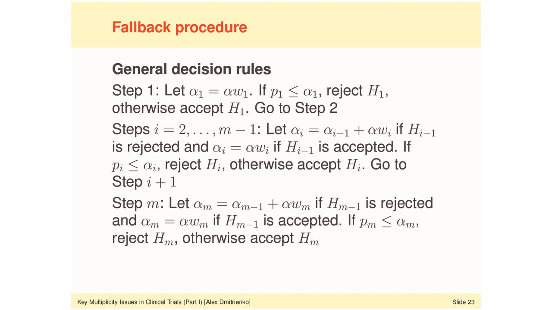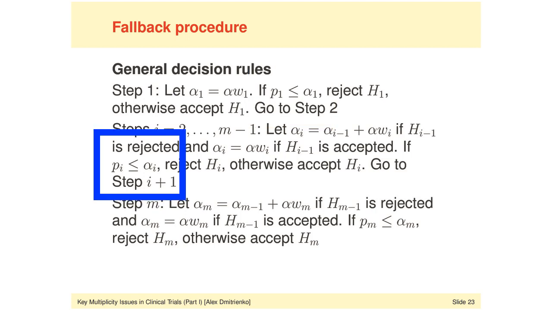And here I would like to make 3 important points. The first one is that testing begins with the first hypothesis in the predefined sequence, which is denoted by H1, and the significance level used in this test is alpha times W1, which is the level that would be used by a weighted version of the Bonferroni procedure.